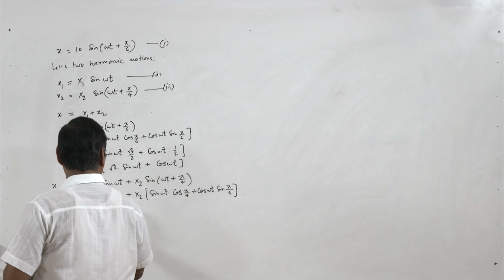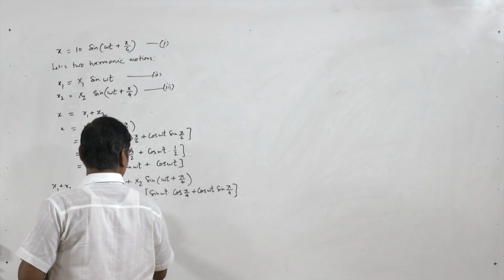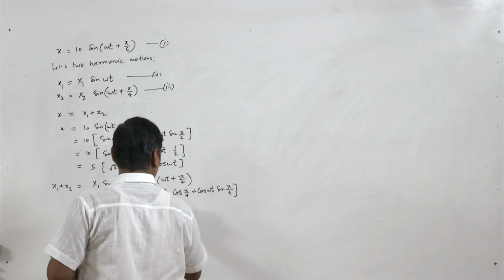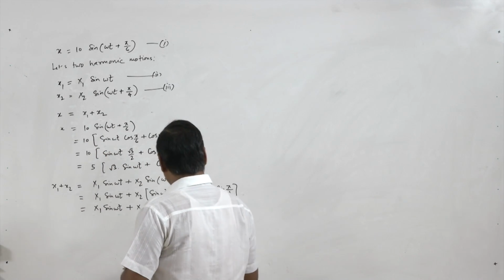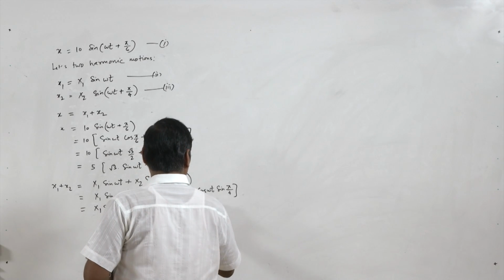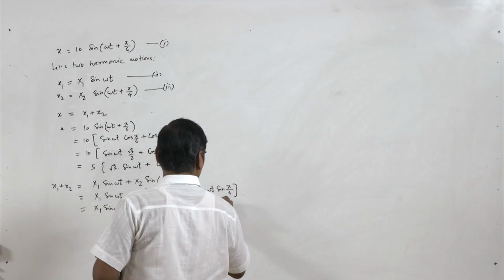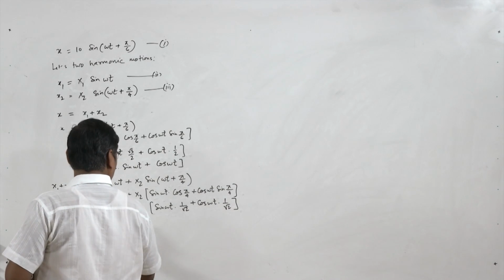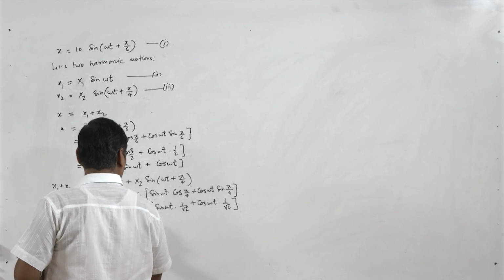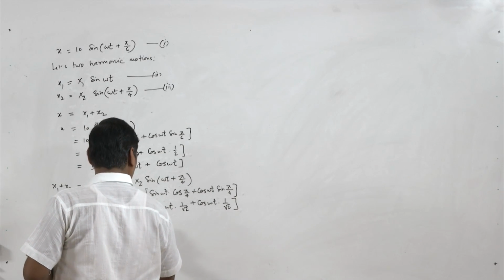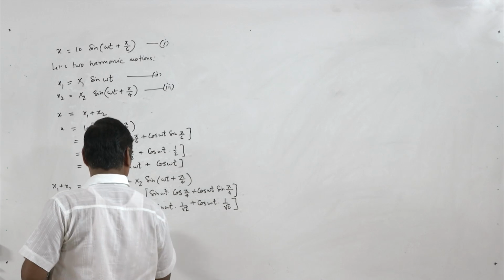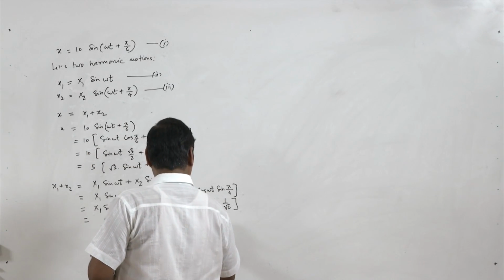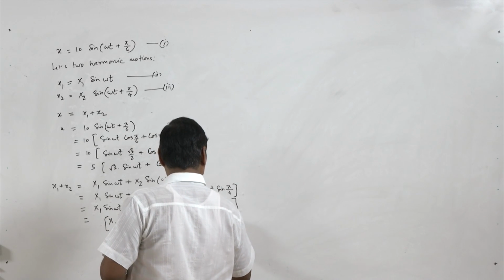So it is equal to X1 sin omega t plus X2 times sin omega t into cos pi by 4, which is 1 by root 2, plus cos omega t into sin pi by 4, which is again 1 by root 2. So this is equal to (X1 plus X2 by root 2) sin omega t plus X2 by root 2 cos omega t.